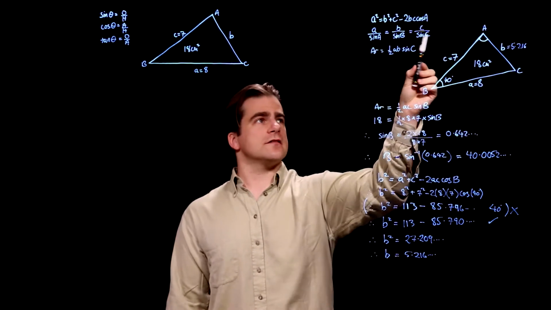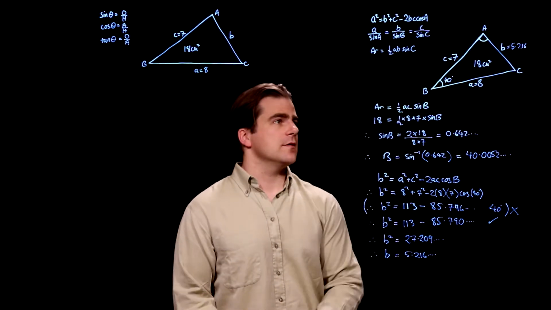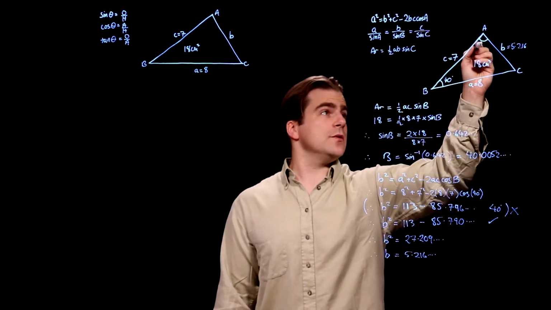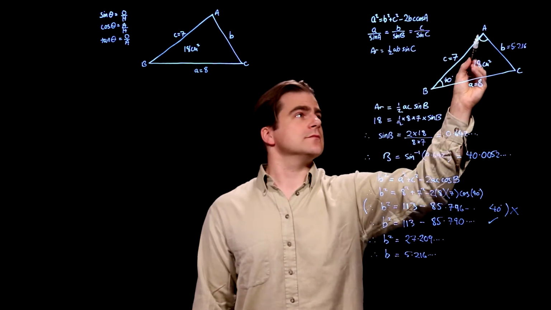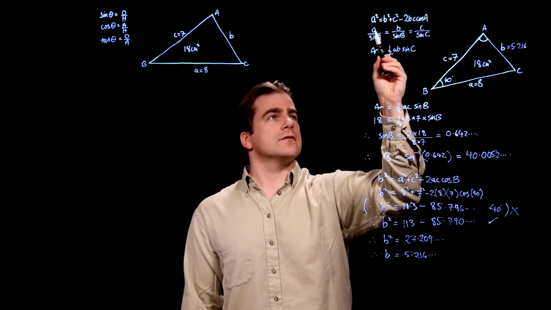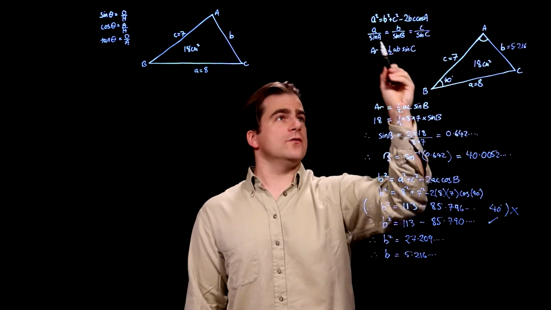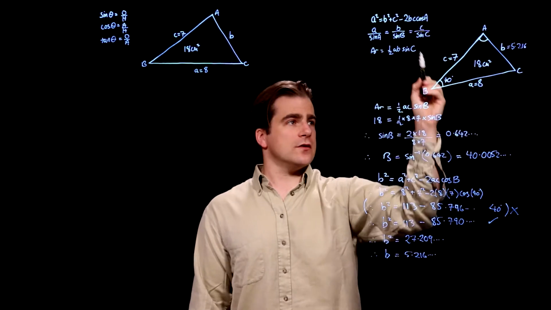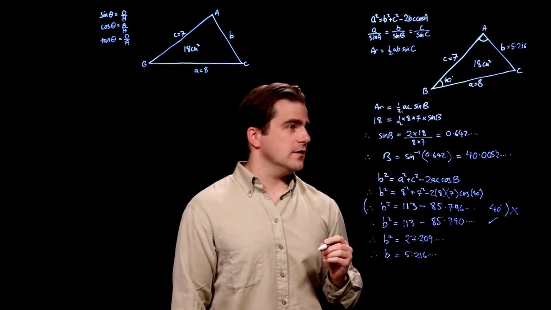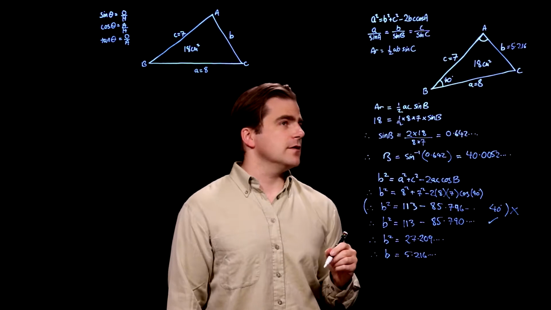So this draws us to the sine rule next, because we can say that the angle we want over, which is A, or rather 8 over sine A, is equal to B, 5.216, over sine B, sine 40. So let's do that.